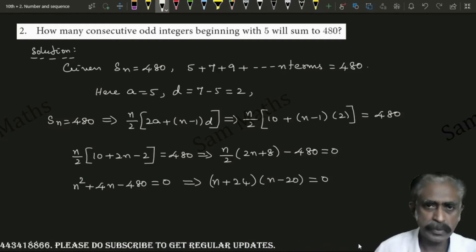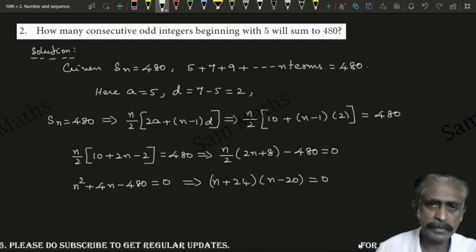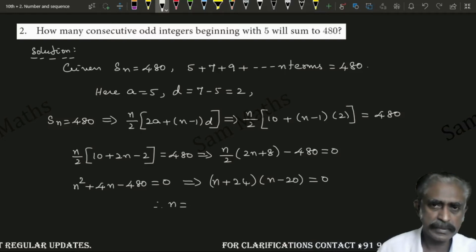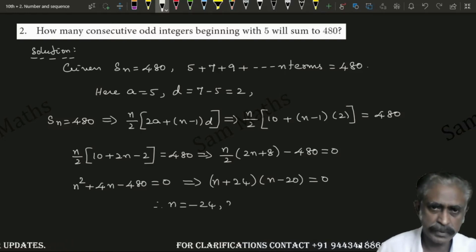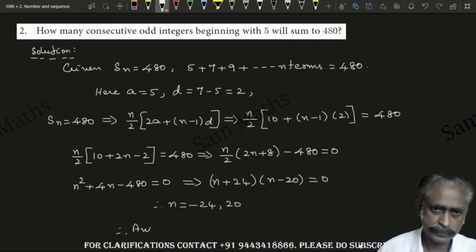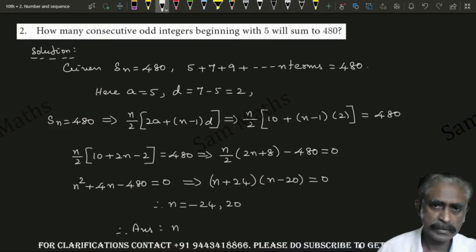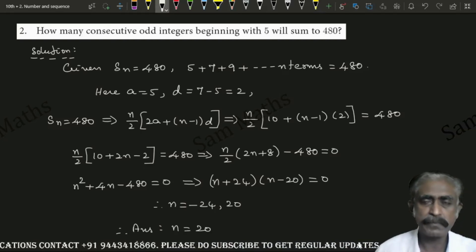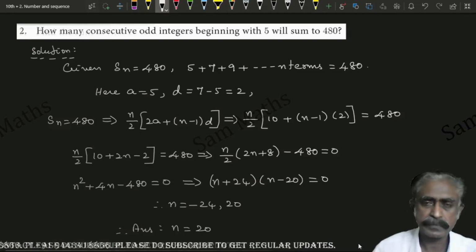You add these two numbers, you are getting plus 4. You take the product, that is minus 480. Therefore, we are getting n is equal to minus 24, comma 20. Therefore, the answer is n is equal to 20. So 20 terms will take the sum 480.